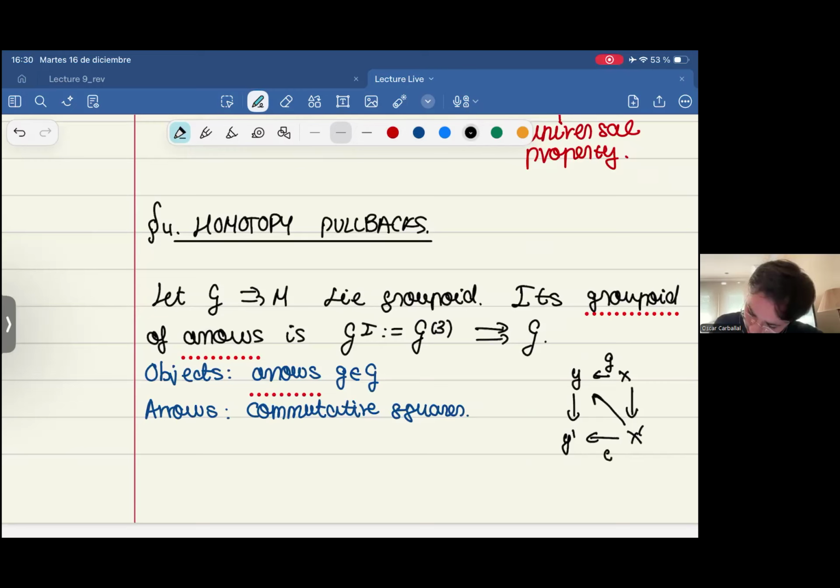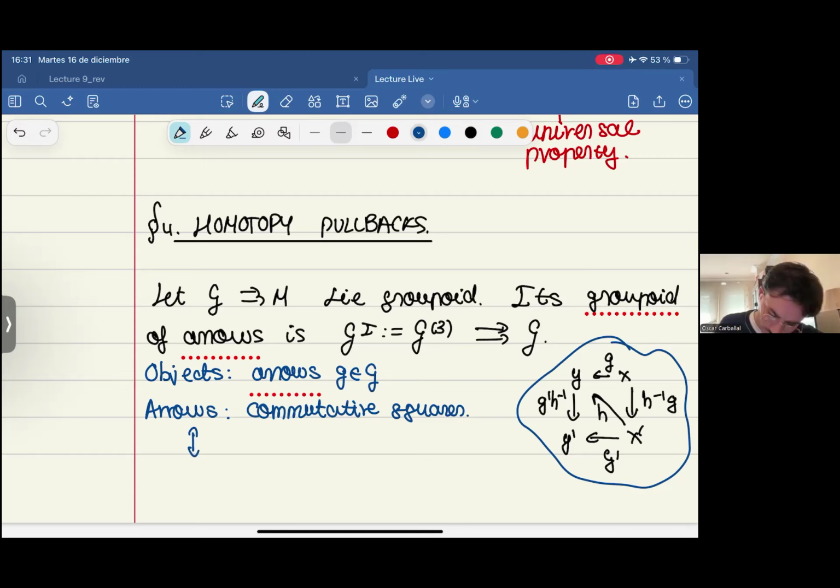Let us call this arrow g prime, this arrow h, and this is h prime. This is g composed with the inverse of h. So arrows can be identified, using this commutative diagram, as triples of composable arrows.